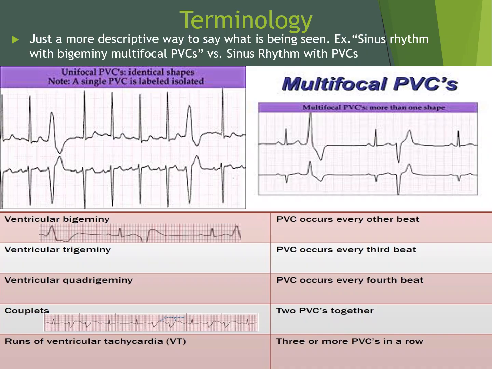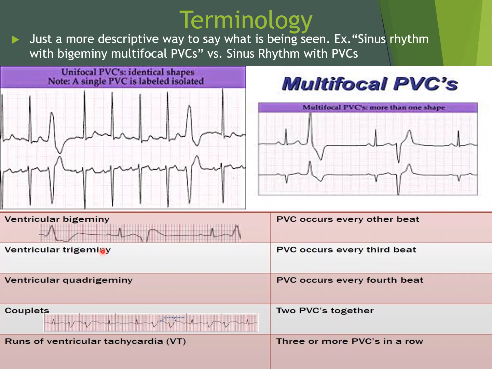This slide reviews terminology that may be used to describe what is being seen and to give more information about the cardiac rhythm. So PVCs can be unifocal. They look identical throughout the rhythm strip, or they can be multifocal. Multifocal PVCs originate in different parts of the ventricles.